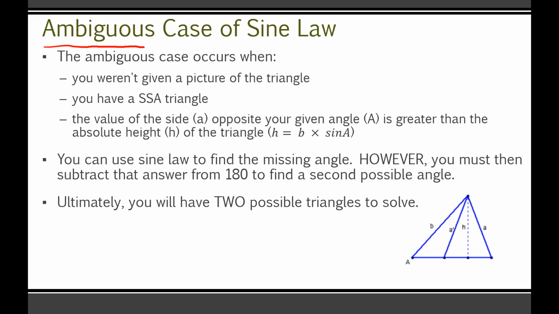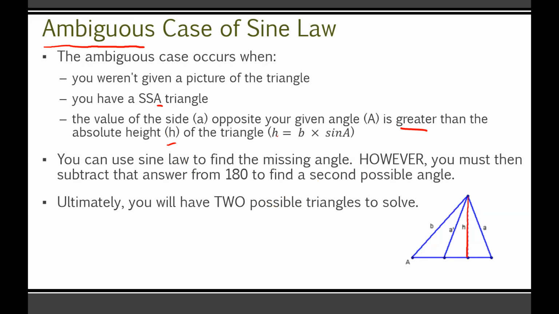The third point, this one is the most technical. We'll get back to this in a second. Hopefully I'll find a way that's a little easier to remember this. The value of the side A opposite of your given angle A, so again, you're given an angle from SSA, the side length that's across from that needs to be greater than the absolute height, H, like what we just found in the last question, of the triangle. From this little example that we've got drawn over here, H, again, is that absolute height.